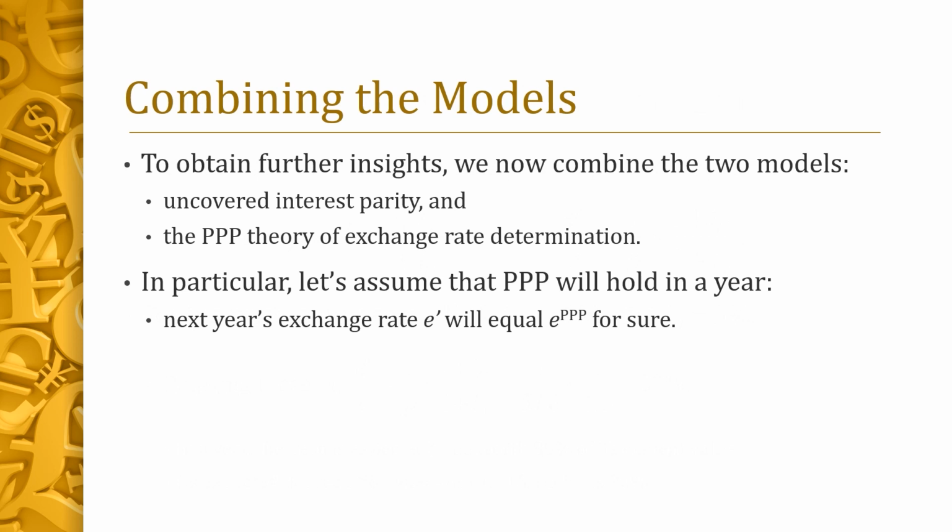Next, we'll see that the equation yields even stronger predictions if we combine it with the purchasing power parity model of exchange rate determination. In particular, let's assume that we know for sure that purchasing power parity will hold in a year. That is, next year's exchange rate E prime will equal the PPP exchange rate, which we denote EPPP.